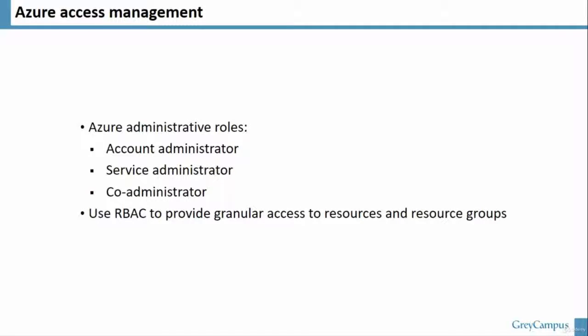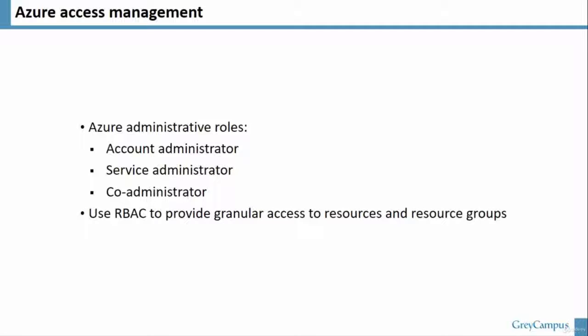The account administrator for a subscription is the only person who has access to Azure Account Center. Account administrators do not have any other access to services in that subscription. So account administrator is 1 per subscription, service administrator is 1 per subscription, and co-admin also has a limit, that is 200 per Azure subscription.